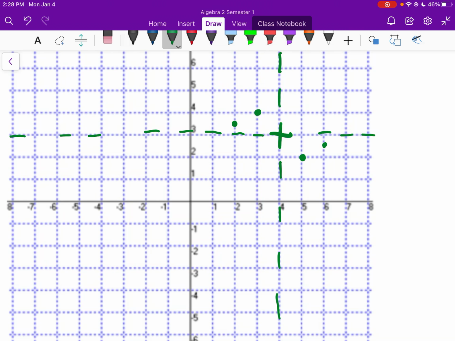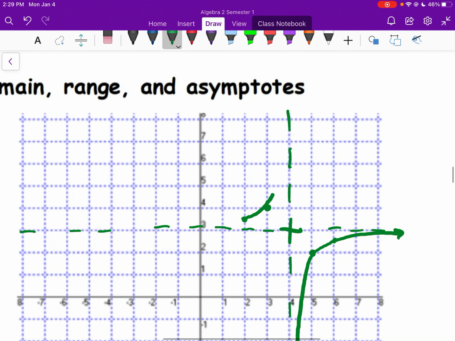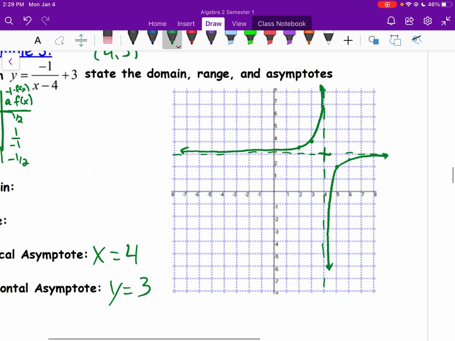Now again, when doing this, I just start on one of the points, go through that other point, and then approach the asymptote, but never cross, and get closer and closer as we go. And then for both branches, we'll do that. Okay, so there's our hyperbola.